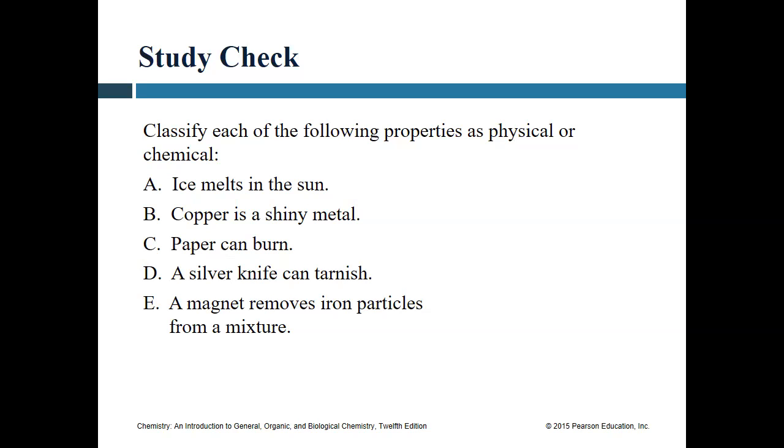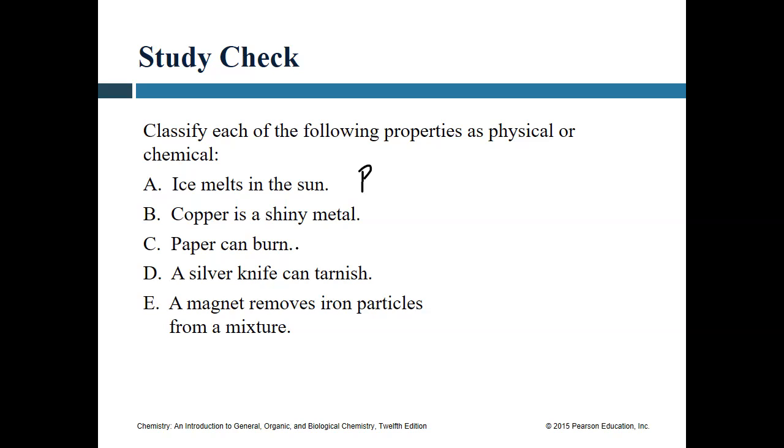All right, let's kind of review where we are. I've got 5 properties here. Let's see if we can identify them as either physical properties or chemical properties. Ice melting in the sun. Physical. The ice isn't changing in any way other than just how it looks.